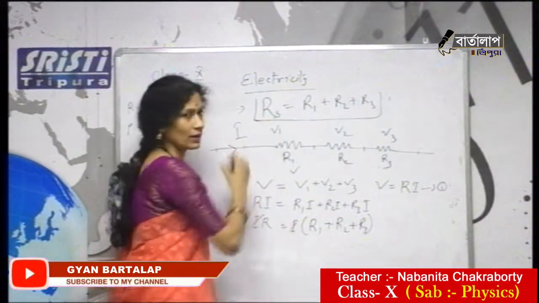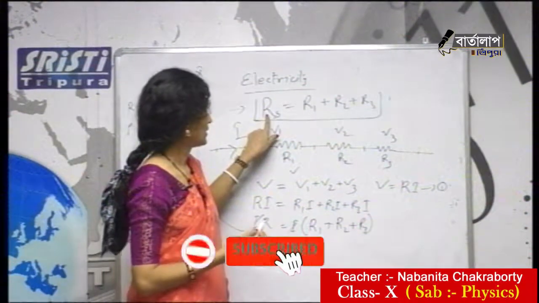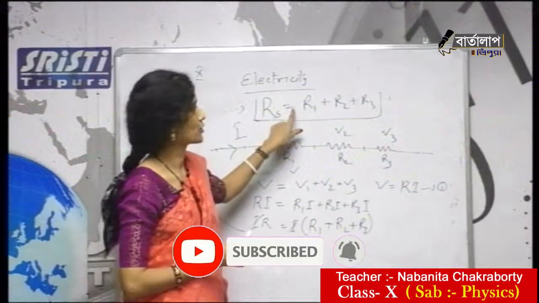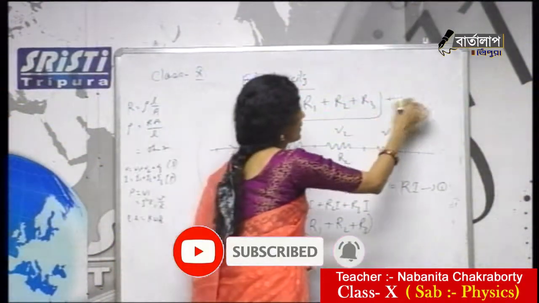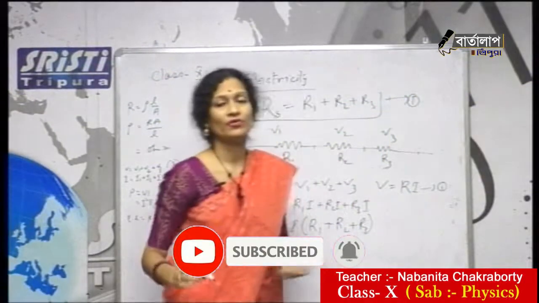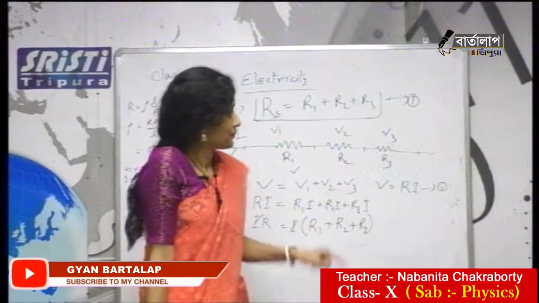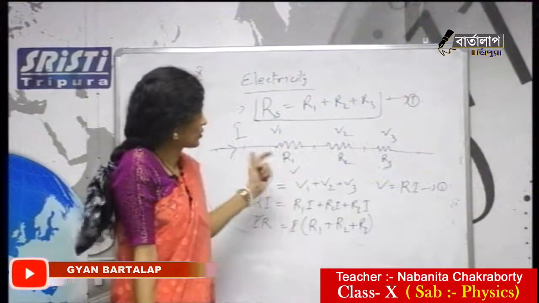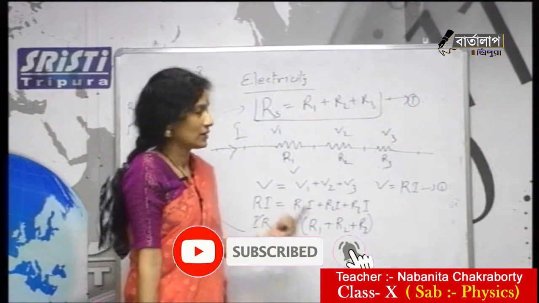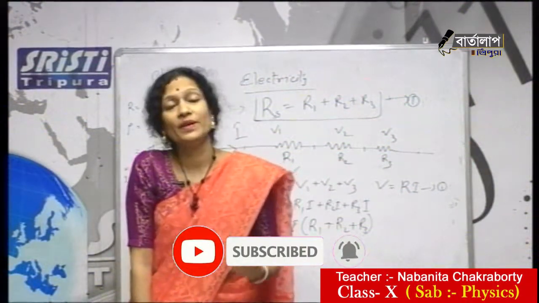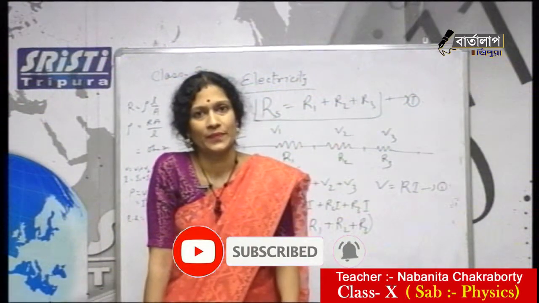So for finding the equivalent resistance, we have written here that Rs equals R1 plus R2 plus R3. This is very important for your physical science part, and you should read it very carefully, how to solve this numerically. We will do many numerical examples related to series combination.